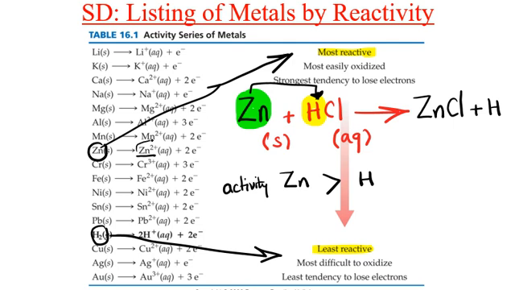I'm going to write here Zn2+, Cl1-. So we are going to switch the charges. So ZnCl2. And please remember that hydrogen always exists as H2, as a diatomic molecule.